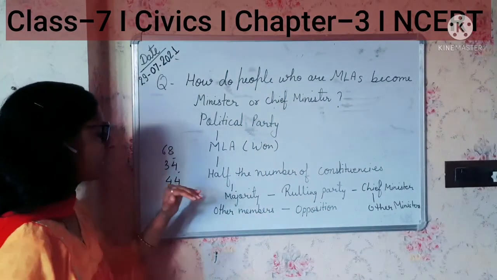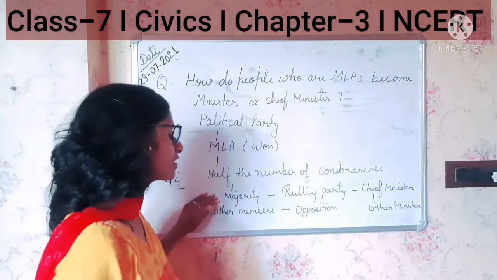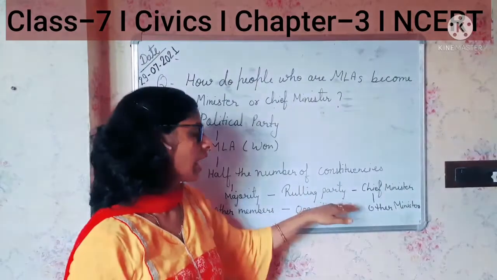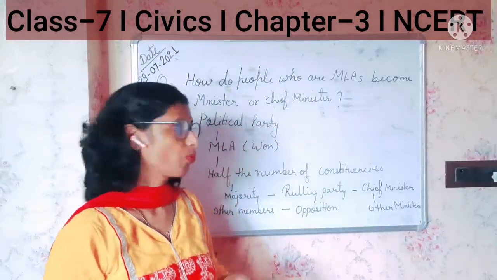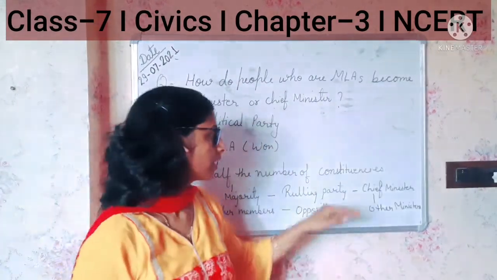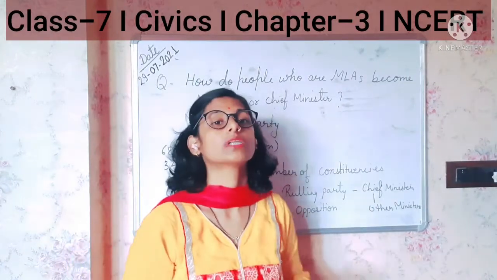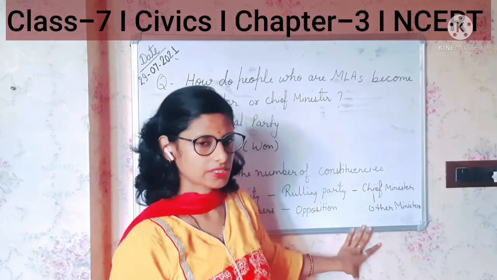When any party is in a majority, that party is known as the ruling party, and later after the election, when they become the MLAs, there is a question of who will become the chief minister, or we can say the leader of the party.